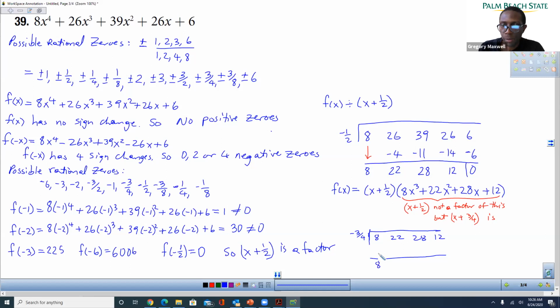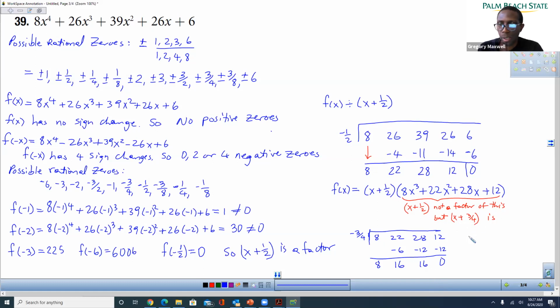We drop the 8. -3/4 times 8 is -6. 22 minus 6 is 16. And then -3/4 times that is -12. 28 minus 12 is another 16. And that gives you -12, and that's 0.